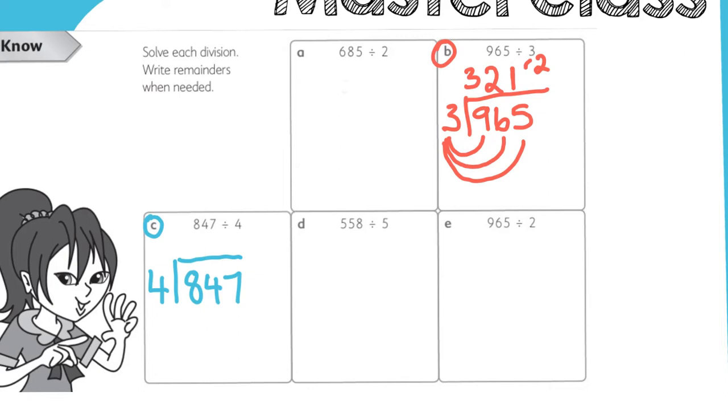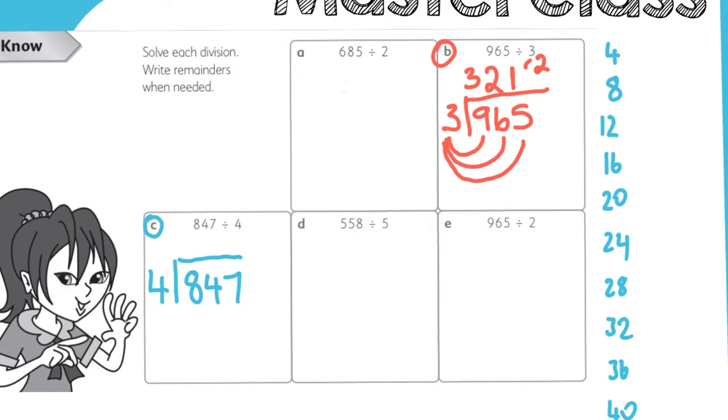So at the side of my page, I'm going to do my working out over here. I'm just going to go 4, 8, 12, 16, 20, 24, 28, 32, 36, 40.